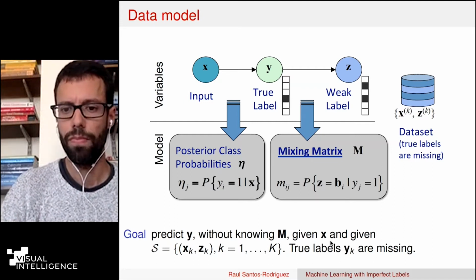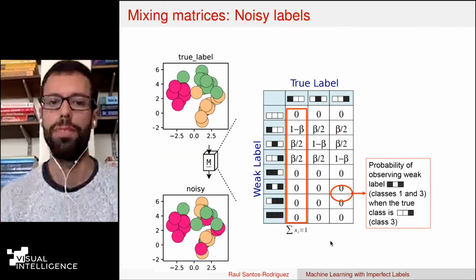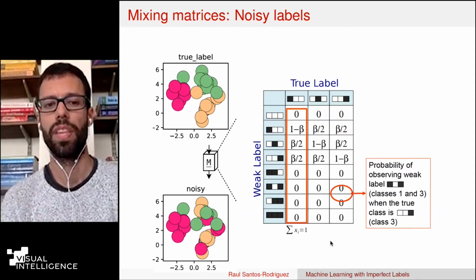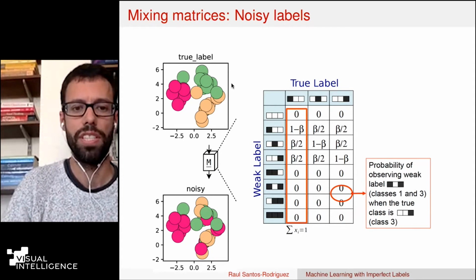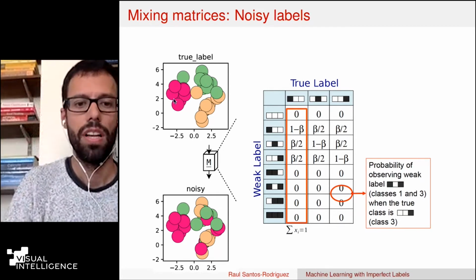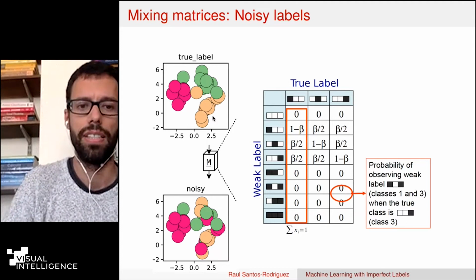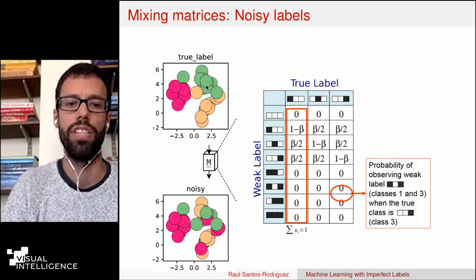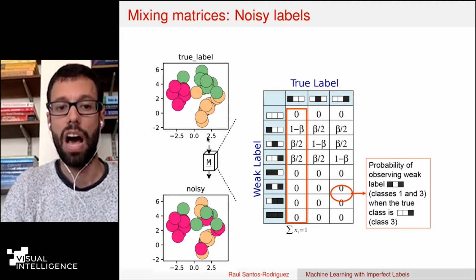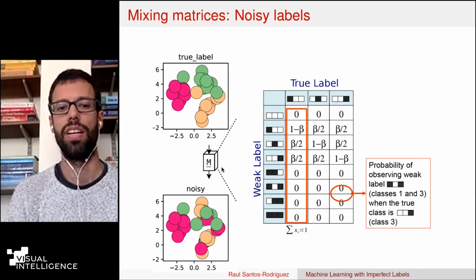Just to give you a few examples of what this means in practice, we can consider the case of noisy labels. This is synthetic data. On the left here, we have 3 classes that I generated, and in this case I'm showing the true label: green, brown, and pink, that happen to go through a box that distorts the labels.